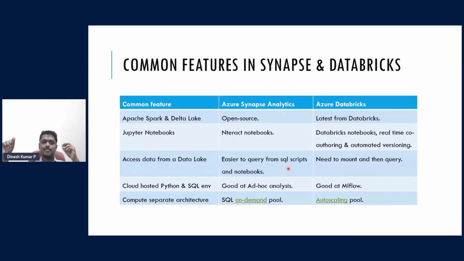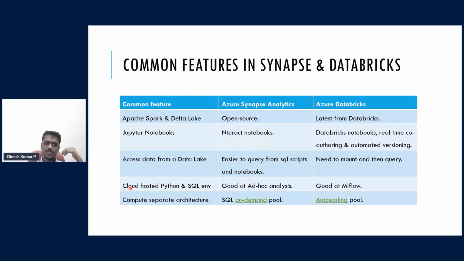You can easily deploy, and easily write SQL scripts or even Python or a Jupyter notebook. But with Azure Databricks, you need to mount the data lake into that particular notebook, and then start writing the query. So it is a slight usability difference, but at any time this might go away, because since it is a usability difference, the product team might decide to make the feature easier for the developer.